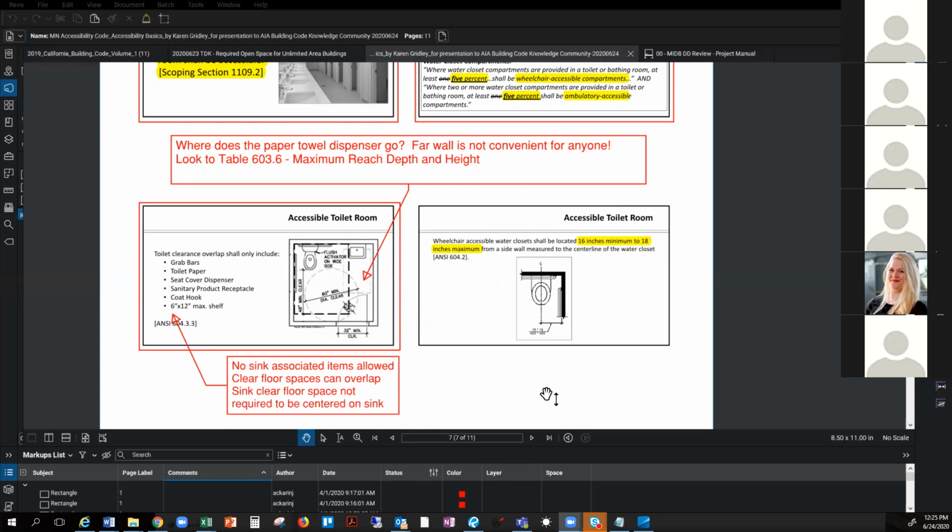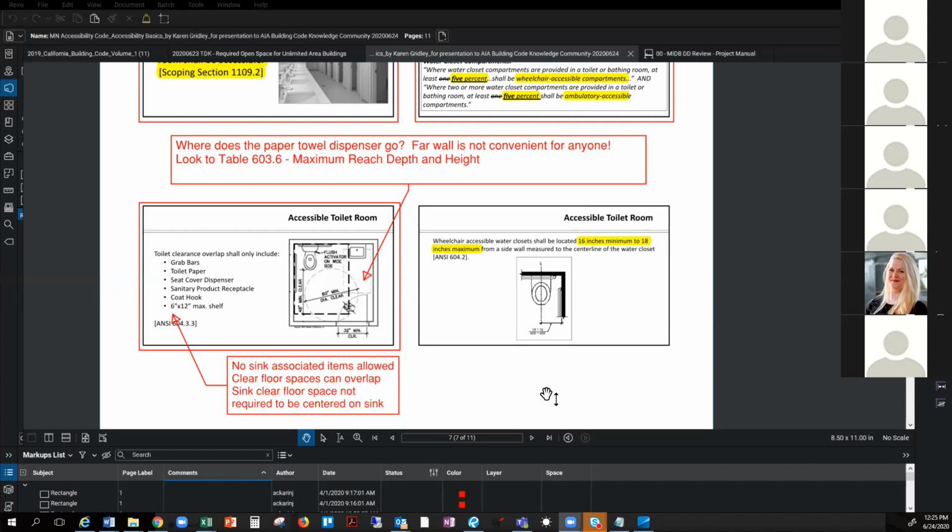So what this is really important to, and I've talked to Karen about this too: think about these spaces as the end of the path. In other words, not a corridor situation where they're talking about 4-inch clearance maximum off the wall during a path. Because it's at the end of the path, this should not be as much of a concern as far as, does it need to be 4 inches? Can it be greater than 4 inches?